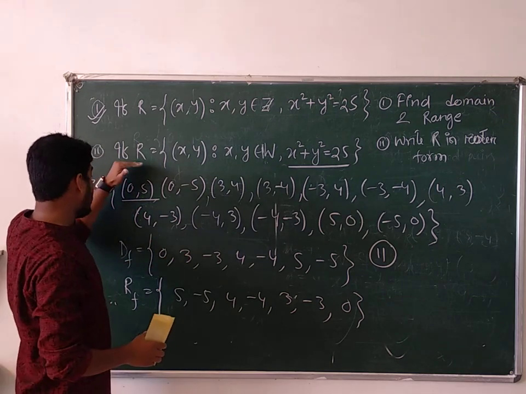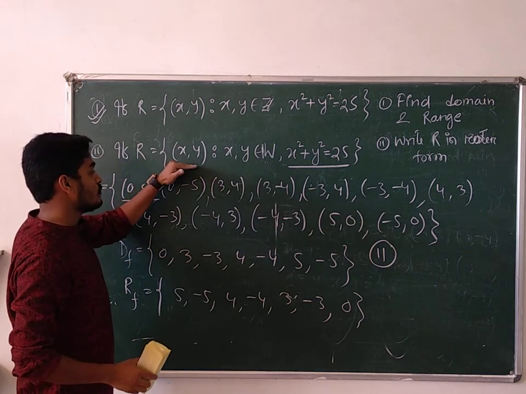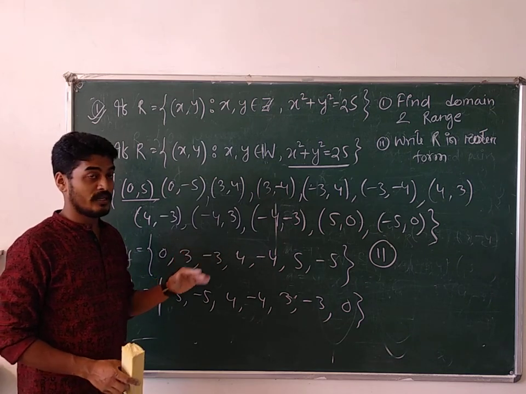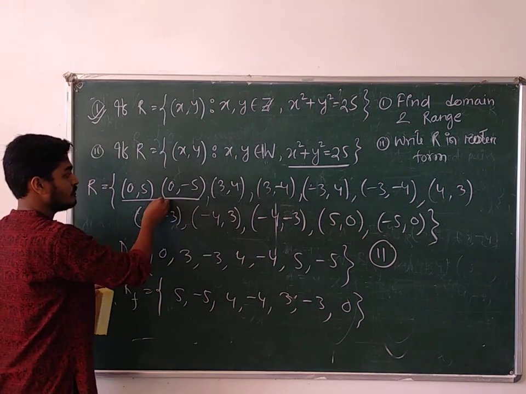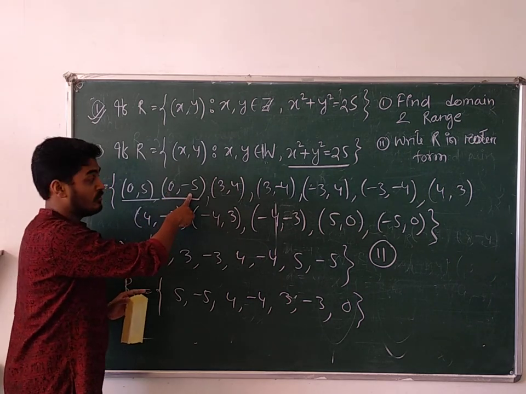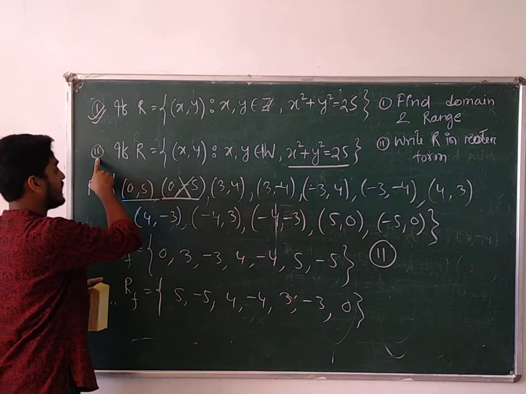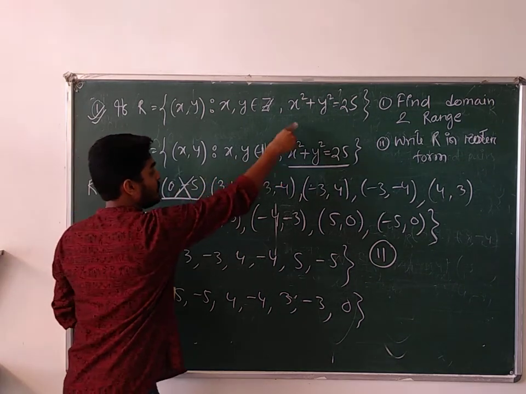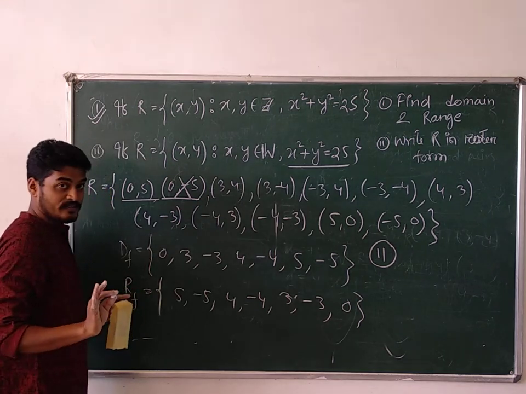But as it is mentioned that R contains all those ordered pairs where x and y are whole numbers, x and y will have to be whole numbers. Can we consider this one? No, because x is whole number 0 but the value of y is not a whole number. It means to satisfy this second condition you are not supposed to consider this.